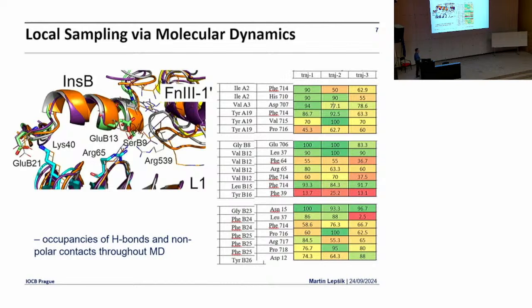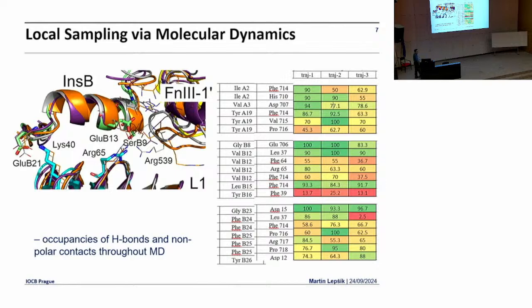But at the same time, as we want to use quantum mechanics afterwards, we will need to select some part of it. We need to make sure that some movements are there, but not gross conformational rearrangements, because we couldn't then compare.